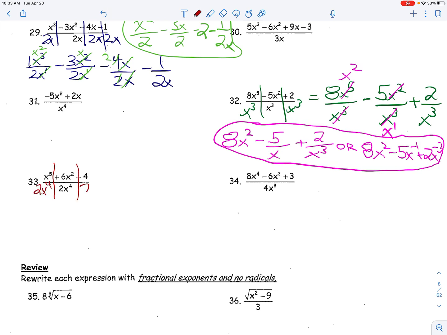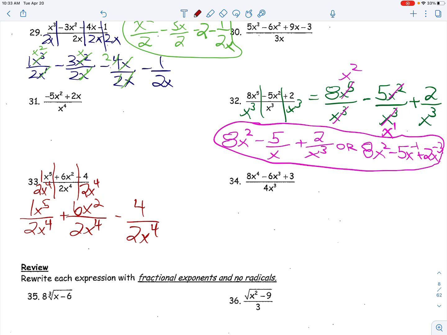All right, divide each of the terms here by 2x to the power of 4. So that's 1x^5 over 2x^4 plus 6x^2 over 2x^4 minus 4 over 2x^4.